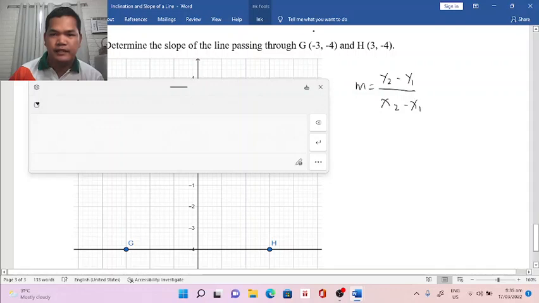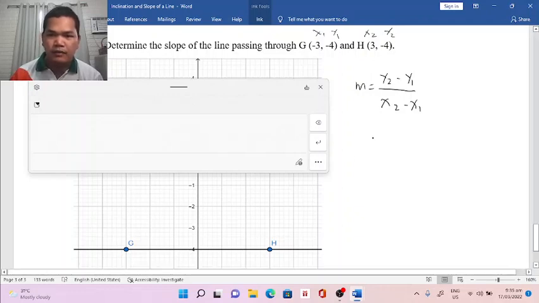This is our x sub 1, y sub 1, x sub 2, y sub 2. By the way class, as you can see, the line being formed is a horizontal line.